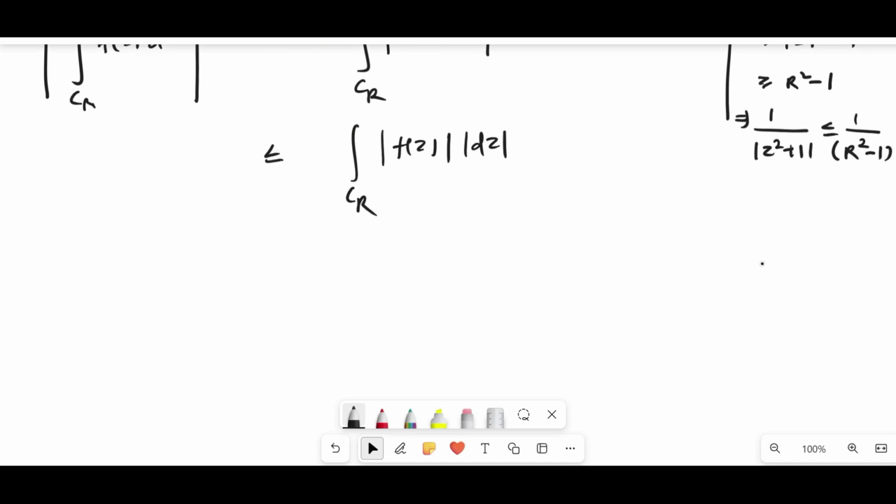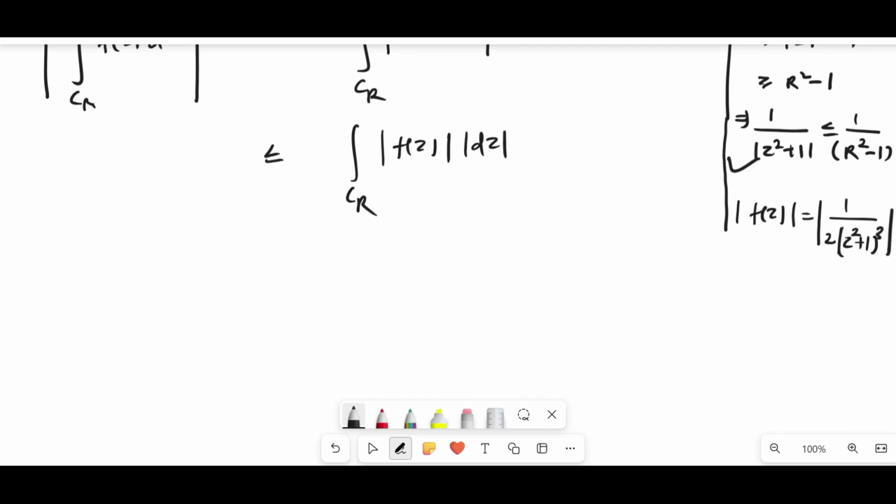So now here mod of f of z is equal to the mod of 1 upon 2 times z square plus 1 to the whole power 3.